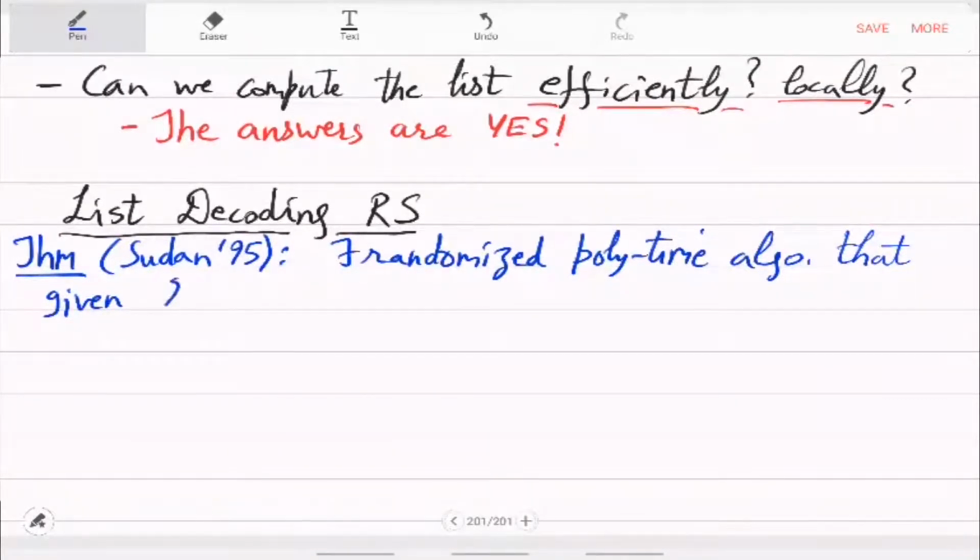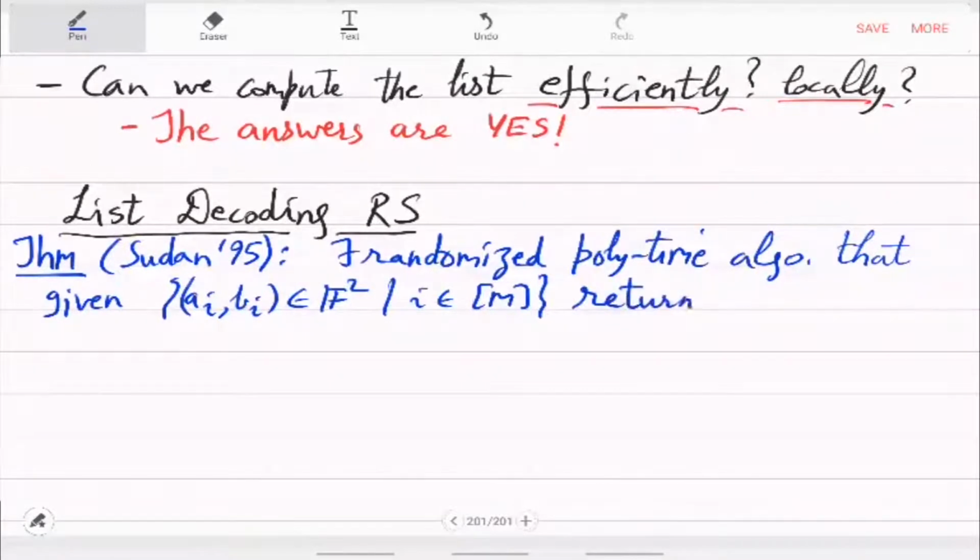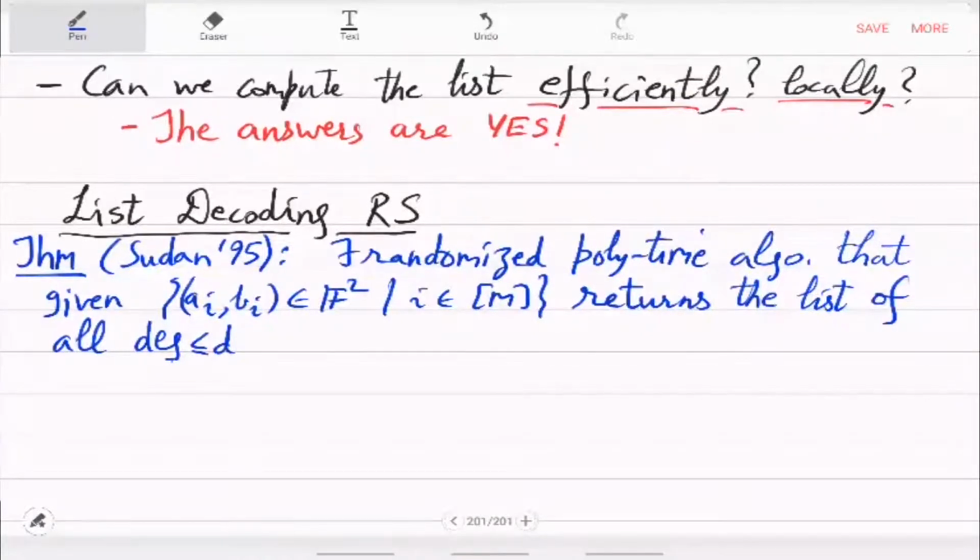So, that given ai bi pairs over a finite field, let us say m many pairs, returns the list of all degree d polynomials. Suppose the polynomial whose evaluations you are given, corrupted evaluations, is of degree d or less, and bi's, let us say close to half of them are corrupt.